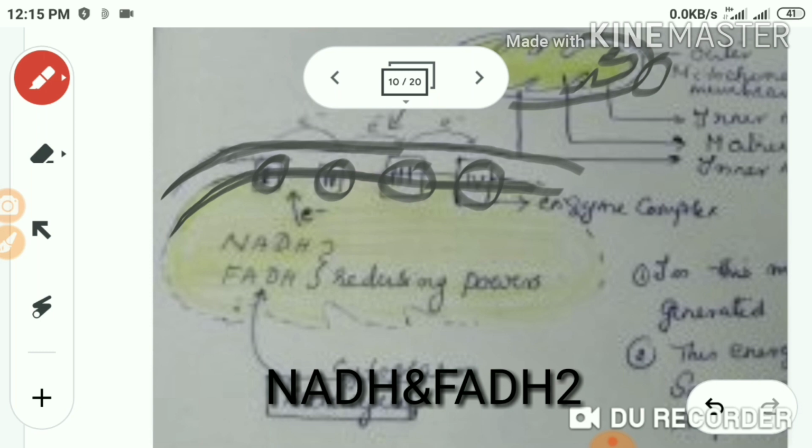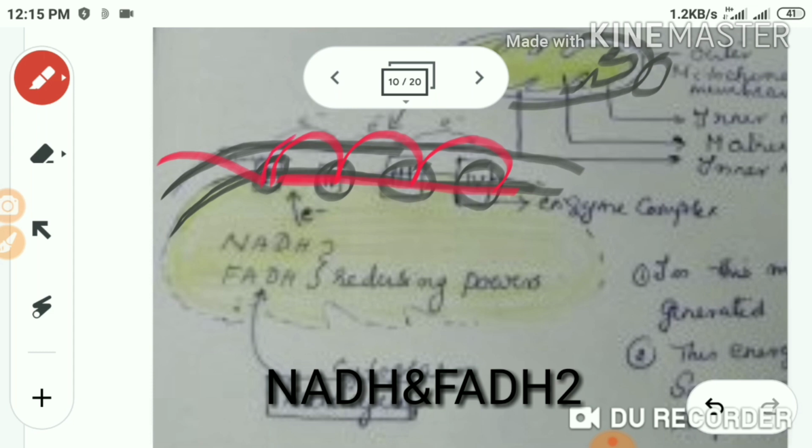So these energy rich compounds should be broken down to release energy, and that process takes place in this system, the electron transport system. From the NADH or FADH2, the electrons are released, and these electrons travel through these enzyme complexes.